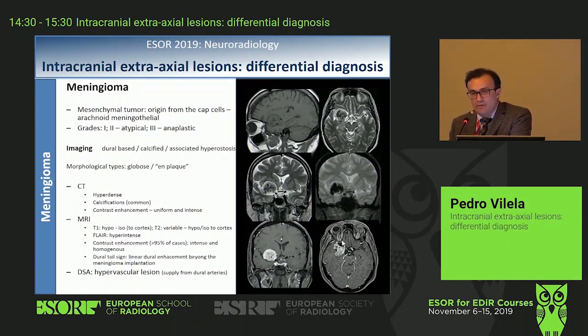It's a highly vascular lesion, so as the other ones that we have seen, if you do an angiogram, you are going to see a capillary blush and meningeal arteries dilated. So sometimes, and especially the ones that have even higher vascularization, you may see flow voids inside or at the periphery of the meningioma.